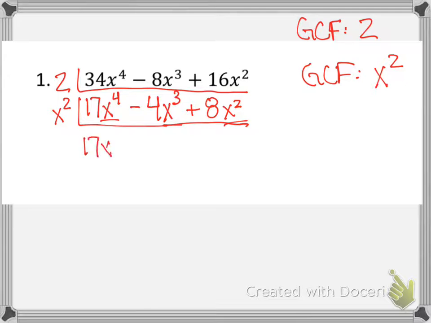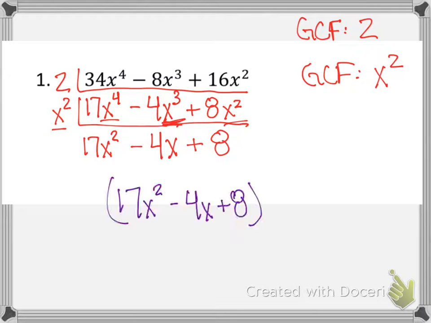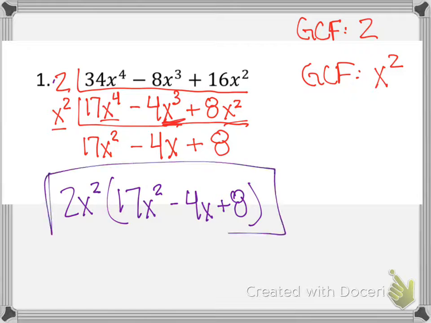So I'm going to get 17x to the second minus 4x, because x to the third divided by x to the second just gives me x, and plus 8, because 8x to the second divided by x to the second, those x to the seconds cancel out. So my final answer, I'm going to rewrite that in simplest form at the bottom in my parentheses, and that 2x to the second goes outside my parentheses, and that is my final answer.